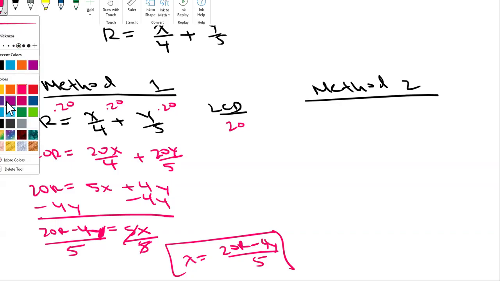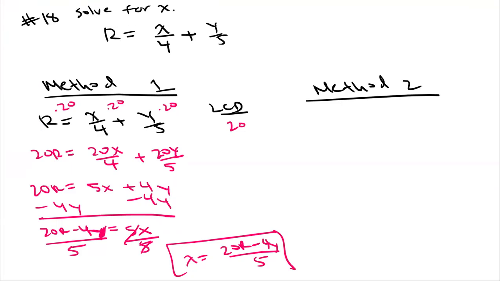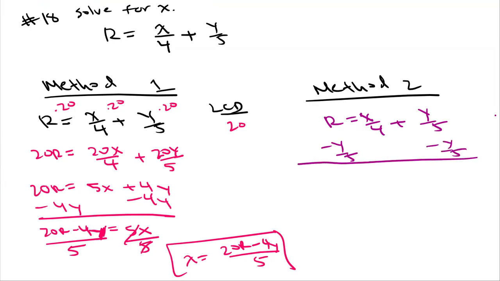Method two. Another way we can write this is r is equal to x over 4 plus y over 5. Okay, so we can subtract y over 5 from both sides. So r minus y over 5 equals x over 4 plus y over 5 minus y over 5.